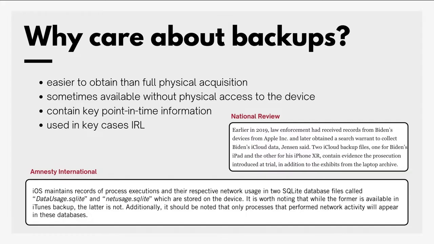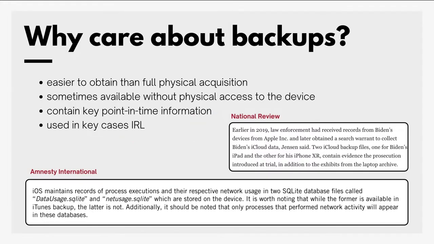An example is the Hunter Biden scandal. Two iCloud backup files for his iPad and his iPhone were used in that investigation, so it's clearly being used in practice. You can see an excerpt from an article from National Review there.